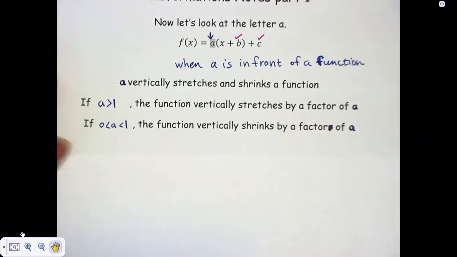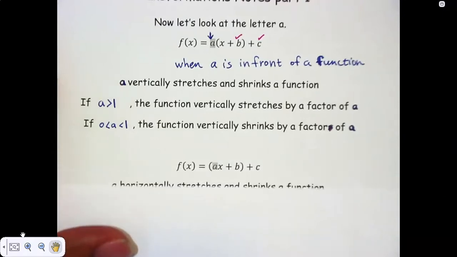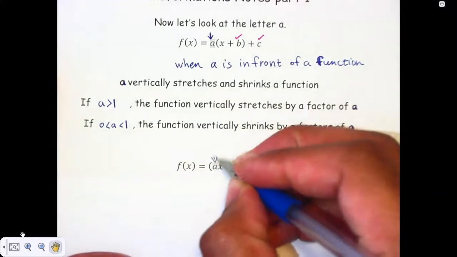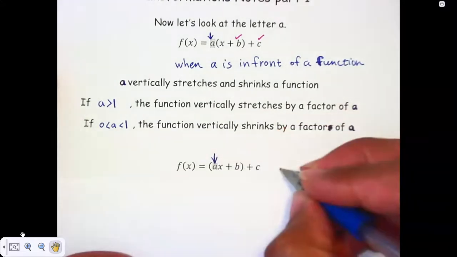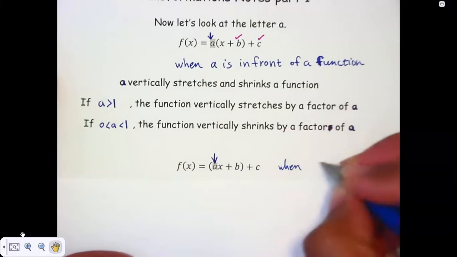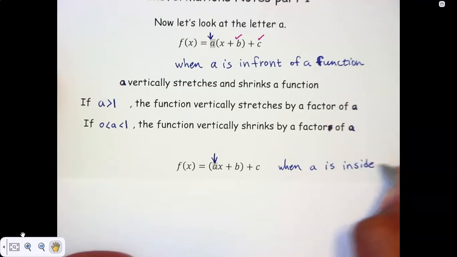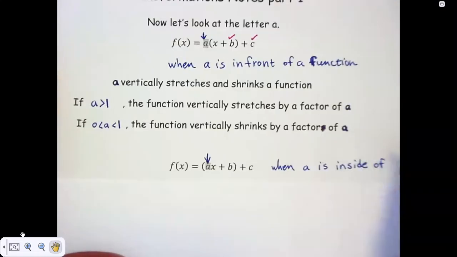All right. Now, when A is on the inside, so here A is on the inside this time, inside of the parentheses. So A is inside of a function.